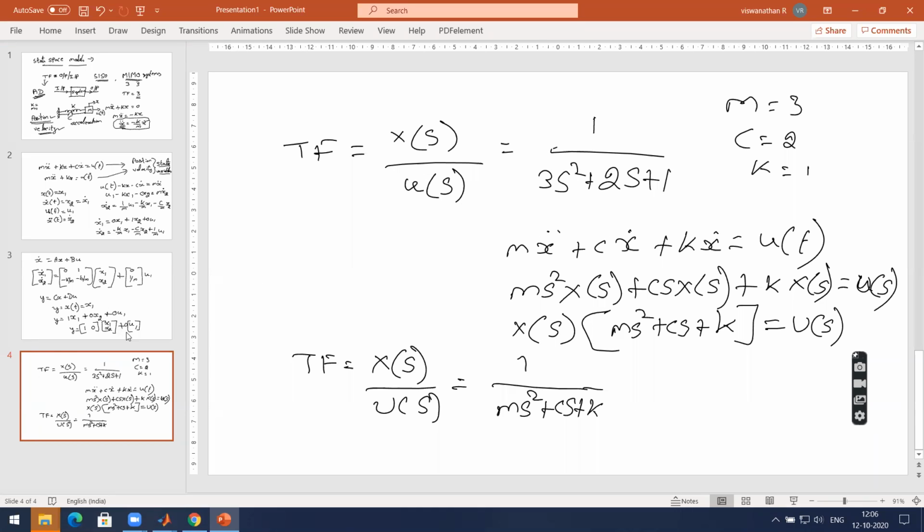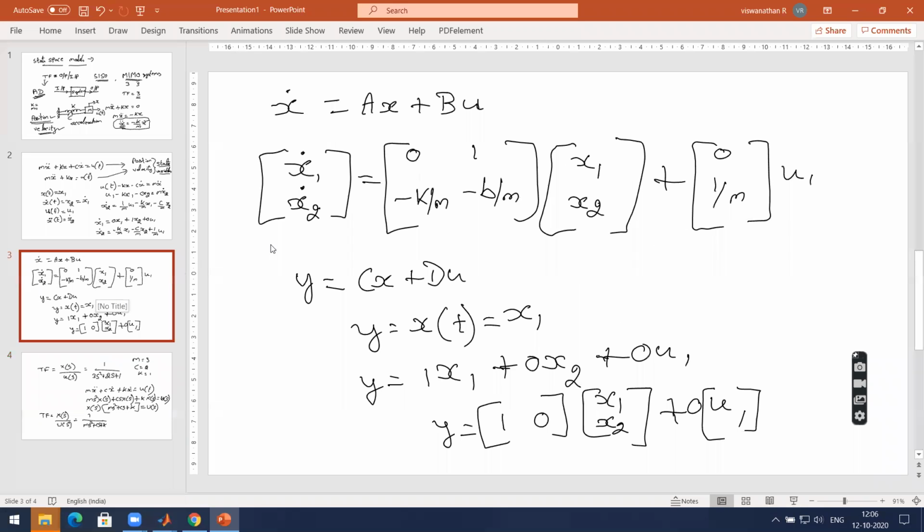Now let's calculate what the A matrix is equal to. It is 0, 1, then minus k by m, which is minus 1 by 3, and minus b by m, which is minus 2 by 3. Where is the B matrix?